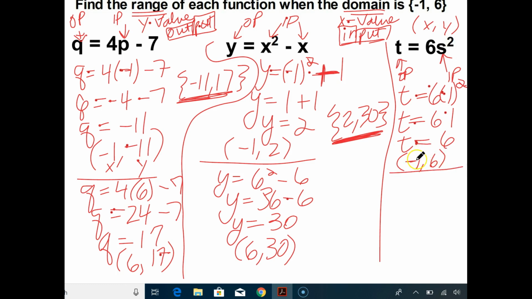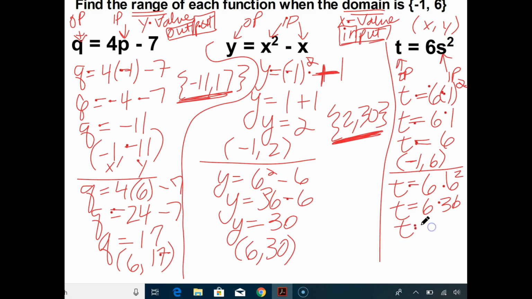Input, output, x, y, domain, range. And then when we come around here, T is equal to 6 times 6 squared. 6 squared is 36. So T is equal to 6 times 36. And 6 times 36 is really 6 times 6 times 6, which is 6 cubed.